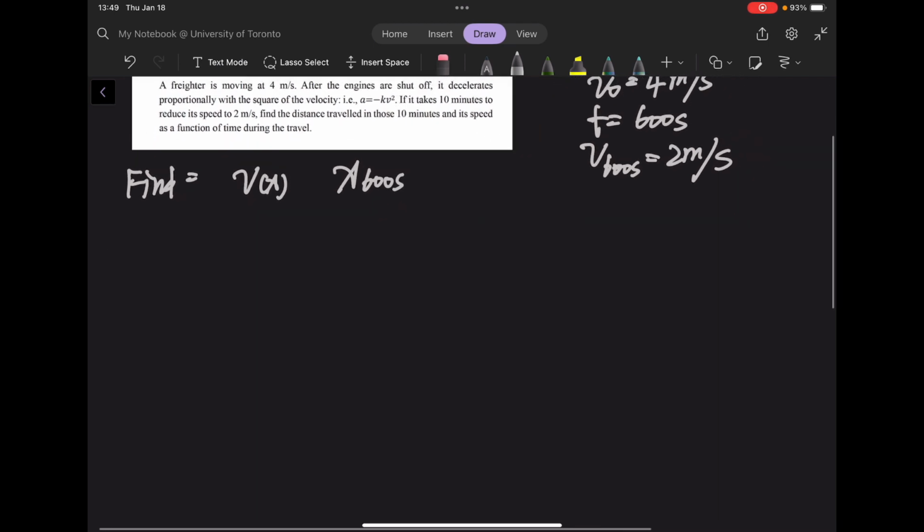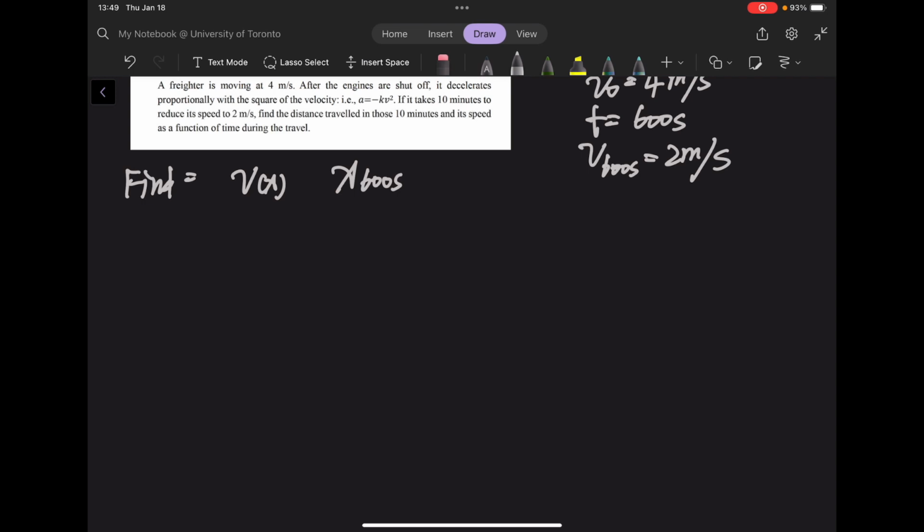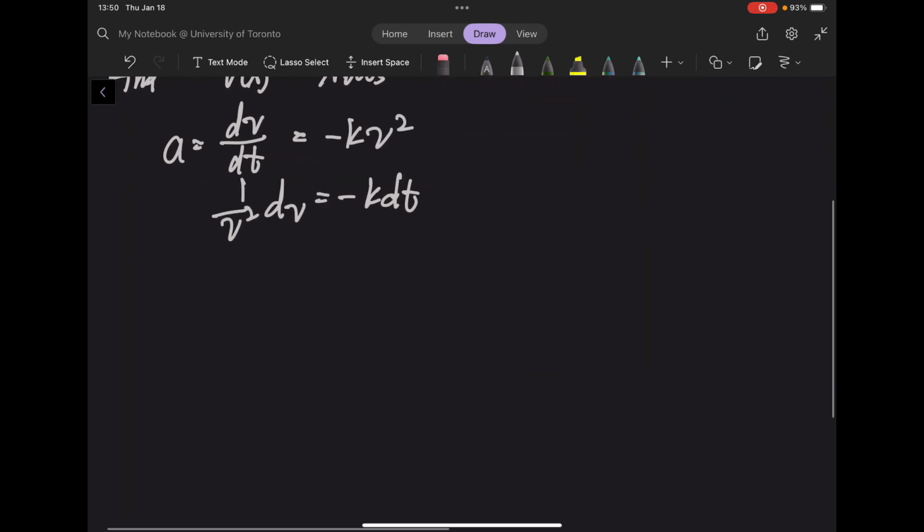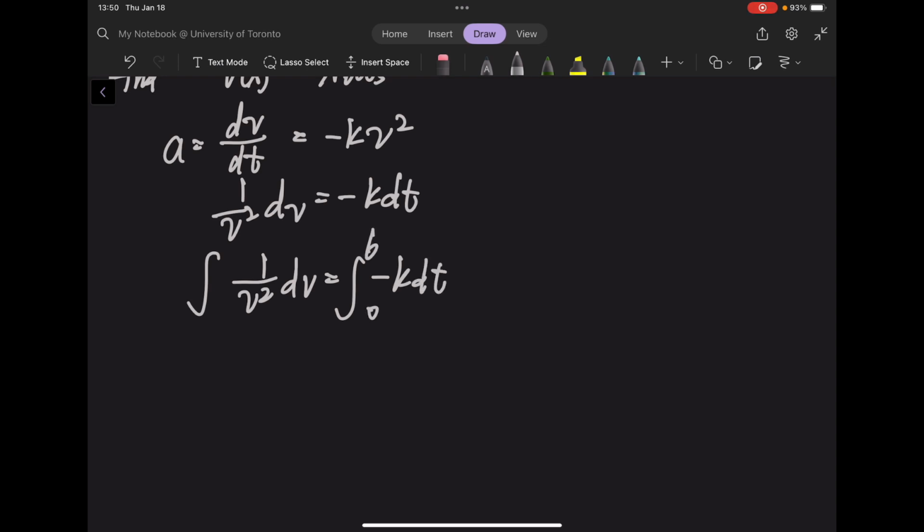Because acceleration is changing all the time, we need to start from the definition of acceleration. We already got this negative kv square, and we have this form, take the integral. t is from 0 to 600 and v is from 4 to 2.